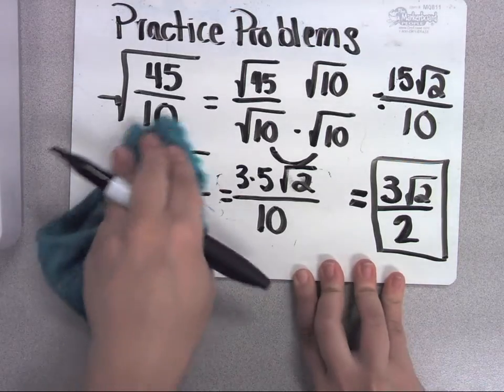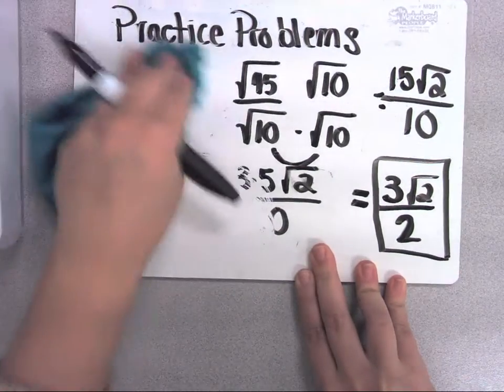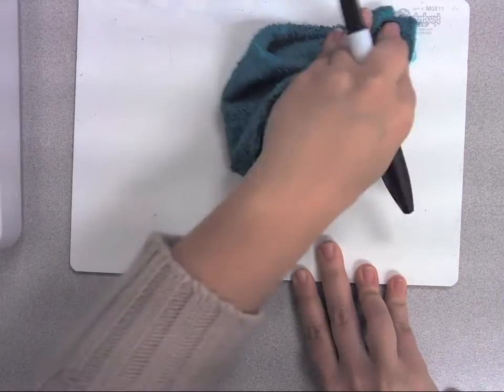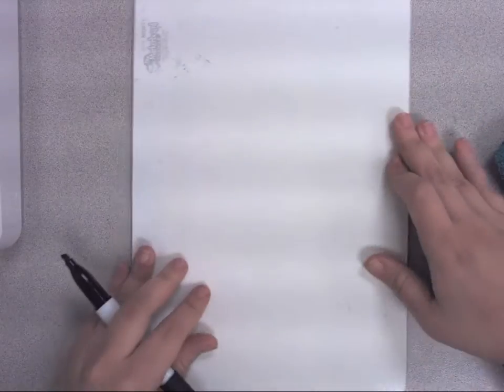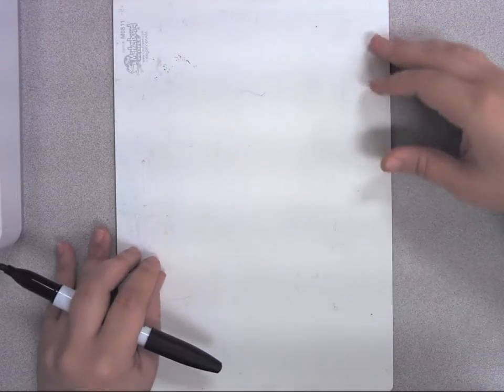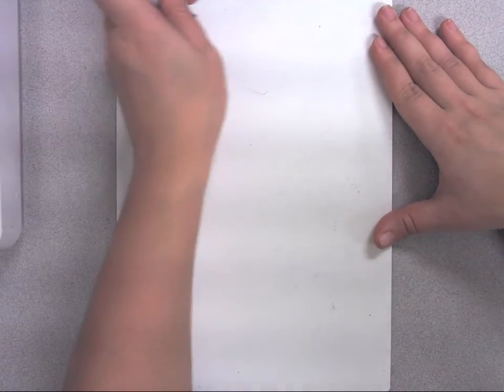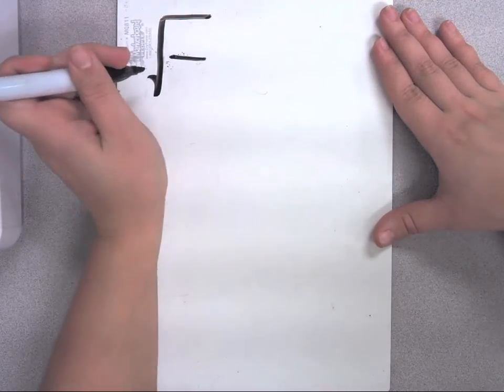Okay, well, 450 is a big number. Okay, let's try some more. Just erase these words. It just takes up space I don't have. Okay, how about, let's try the square root of a fraction.